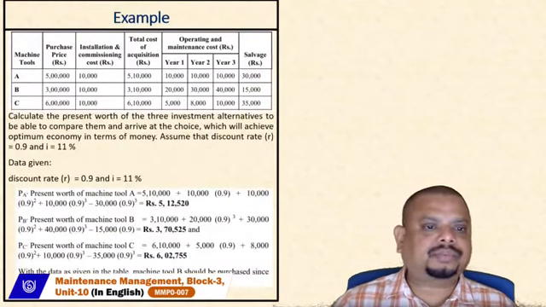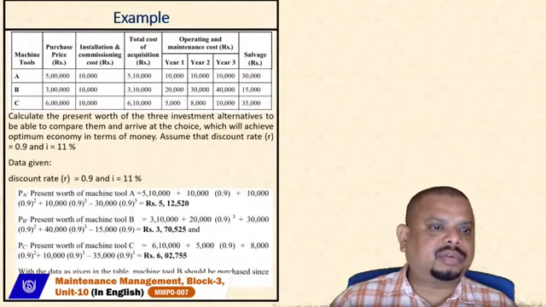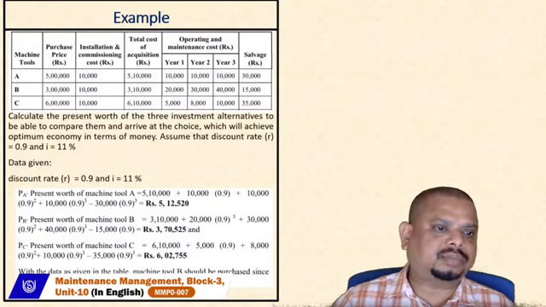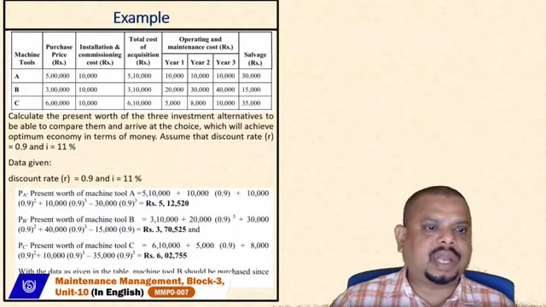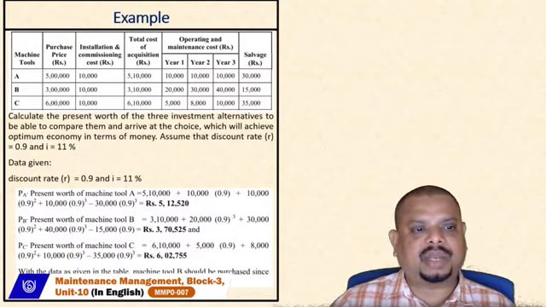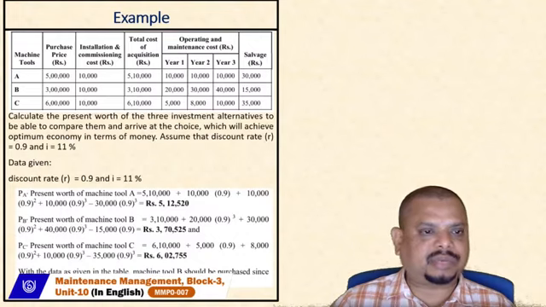Moving to the next one. Let's take a small example which consists of 3 machine tools, A, B and C, and their purchase prices are given as 5 lakhs, 3 lakhs and 6 lakhs respectively.